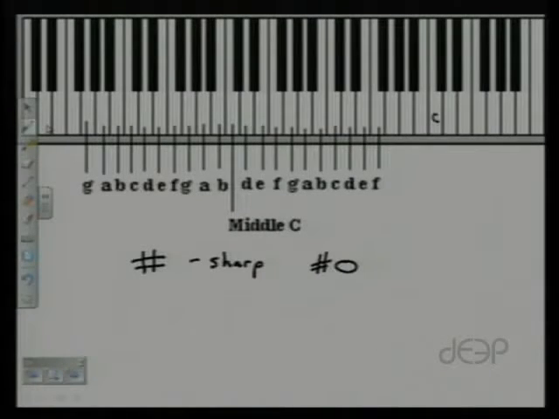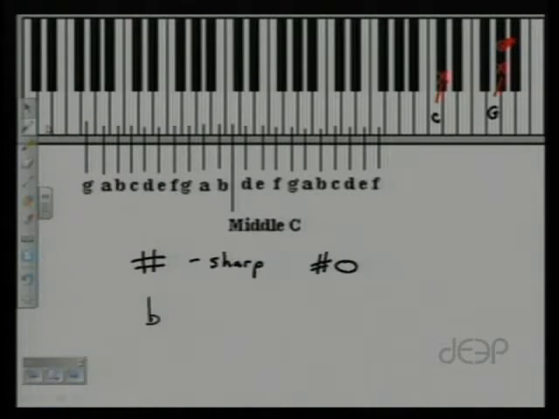So if this note is C, a C sharp would be found right here, 1 half step higher than C. If we're on the note G, a G sharp would be found 1 half step higher than the G. Okay?